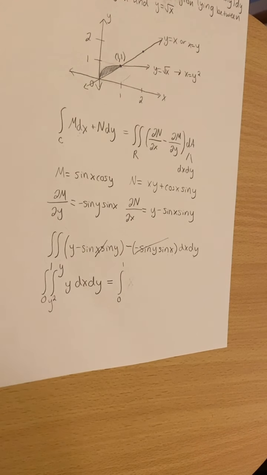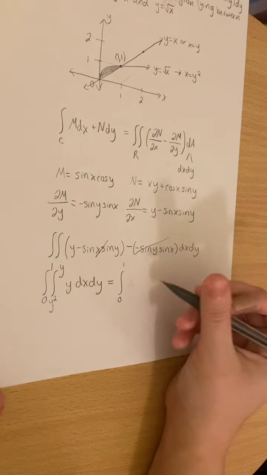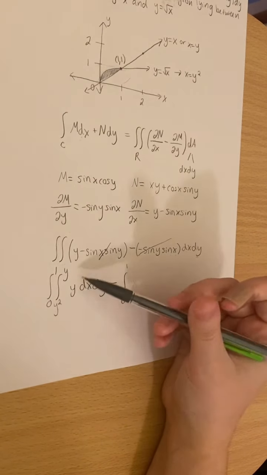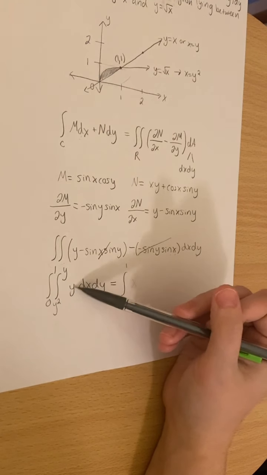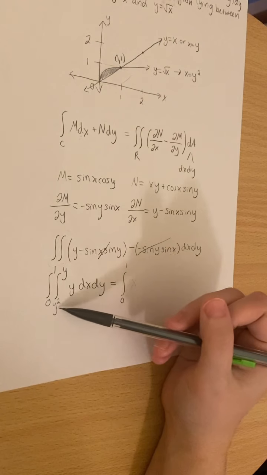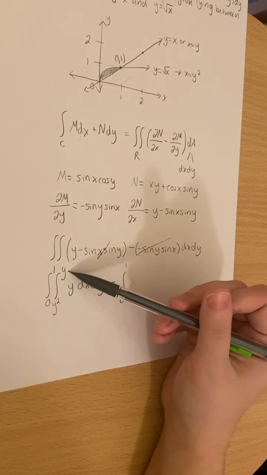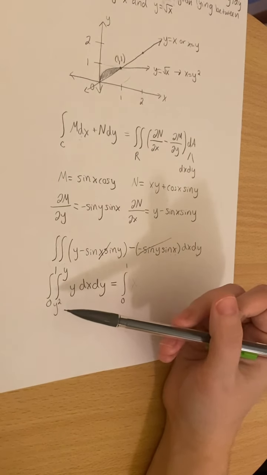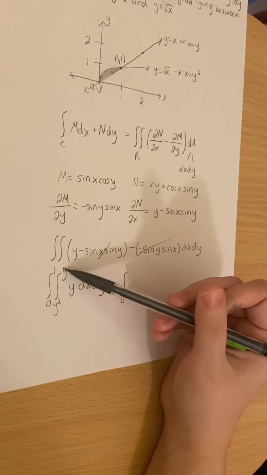All right, I got cut off there at the end, but I was just starting to evaluate our double integral here. I have it written as y dx dy, and our limits of x start at y squared and go to y. With respect to y, our limits of integration start at 0 and go to 1.